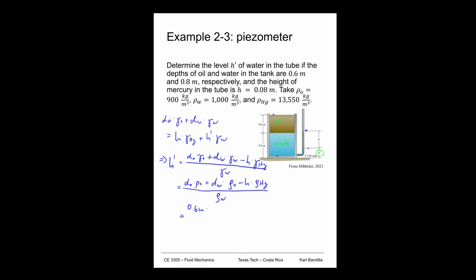Okay, if you plug those values in, the oil depth was 0.6 meters, and the oil density is given to us as 900 kilograms per cubic meter. The water has a depth of 0.8 meters times 1,000 kilograms per cubic meter.